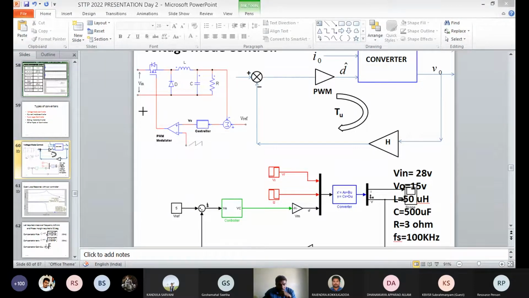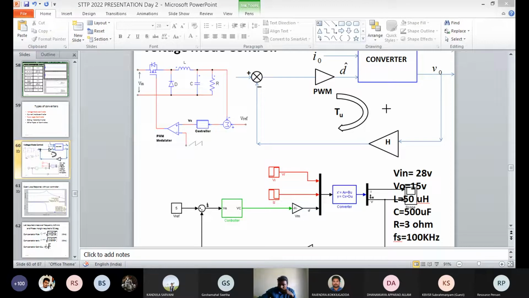By taking the proportional gain KP and the integral gain KI, they arbitrarily change the KP value and the KI value. By the trial and error approach, changing the KI value and KP value, they try to observe the output behavior, whether they are getting the desired output or not. What is the desired output?